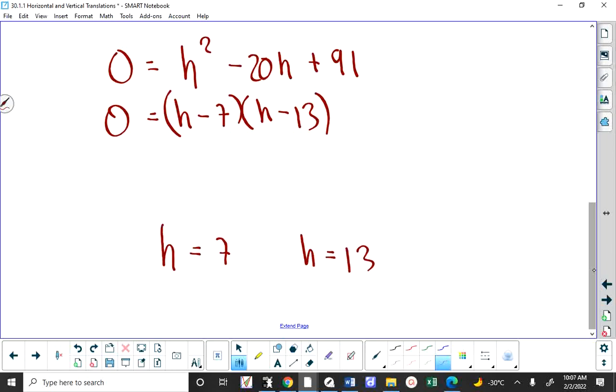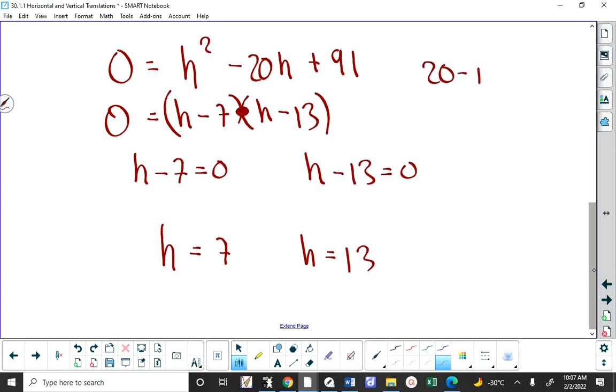Because since we're multiplying these two things together, if one of them equals 0, then the product equals 0. So what I'm saying is if h minus 7 is equal to 0, then I don't care what h minus 13 is. 0 times h minus 13 will make it 0, which makes it true. And h minus 13 equals 0. It's that idea again.